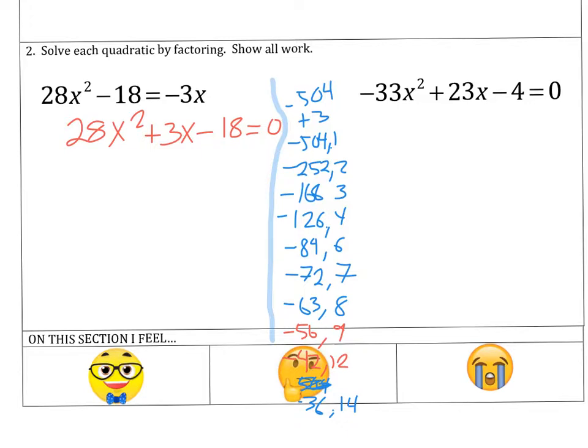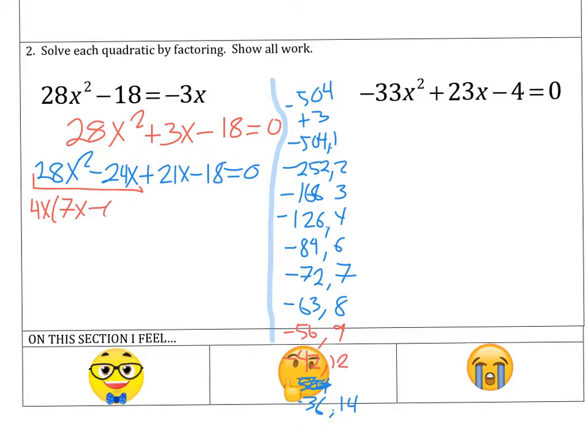So we're going to break this up. 28x squared minus 24x plus 21x minus 18 is equal to 0. That's going to factor into 4x and 7x minus 6, and 3 and 7x minus 6.